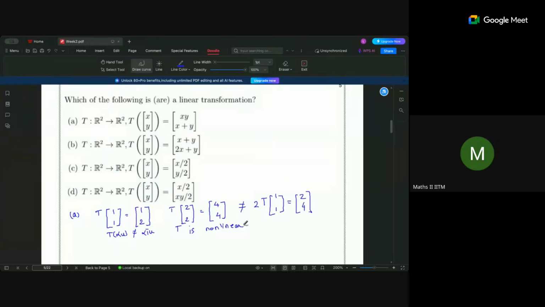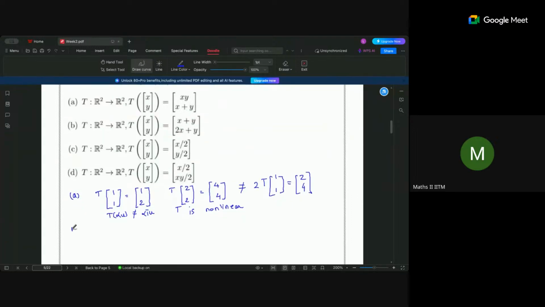Right? Okay. Now for B, why I am just going for a specific point and why I am trying to prove, you will get to know just after this problem. So now I am going to take two vectors. Let us say x1, y1 and another vector x2, y2.